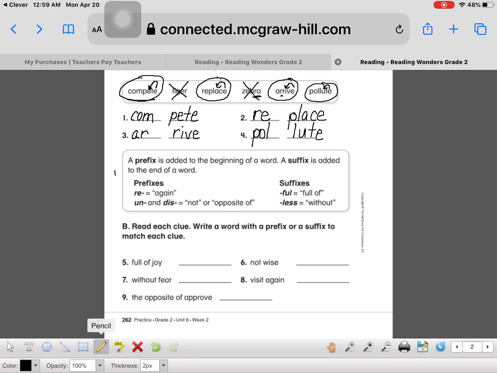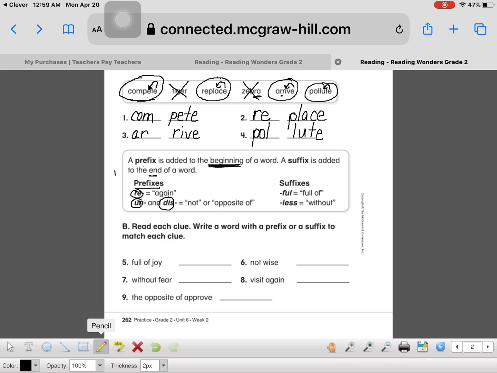All right, the next box, we did this earlier in the week, and it's talking about the prefix. It says a prefix is added to the beginning of a word. A suffix is added to the end of the word. Prefix, pre, means beginning or before. Suffix is at the end. So here are the prefixes. We can see re, which means again.